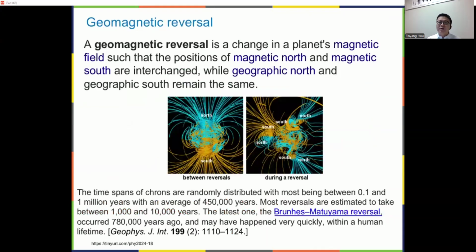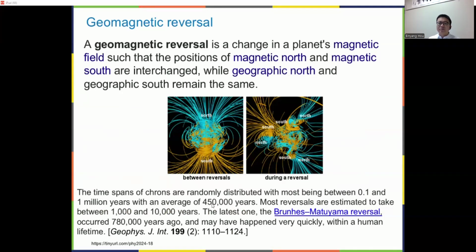Earth's magnetic field has actually reversed its polarity a few times over history. On average, it takes about 450,000 years between reversals, and it's anywhere between about 100,000 years to 1 million years in that range.